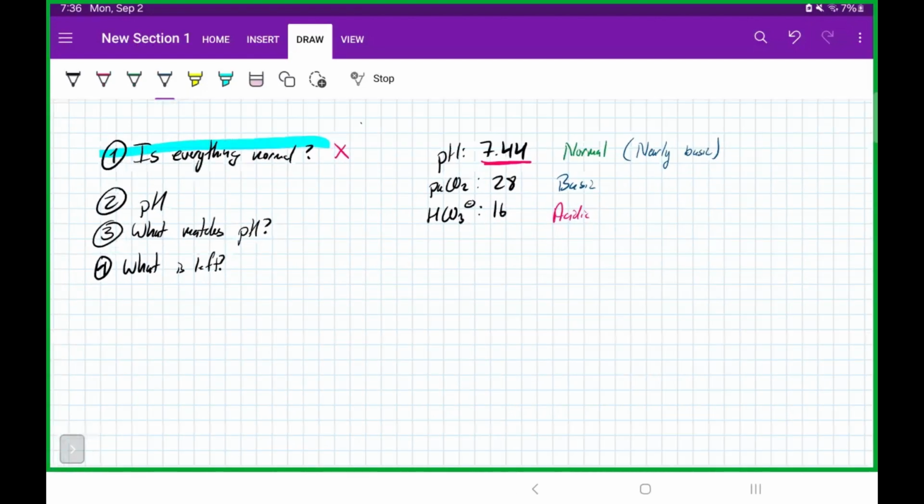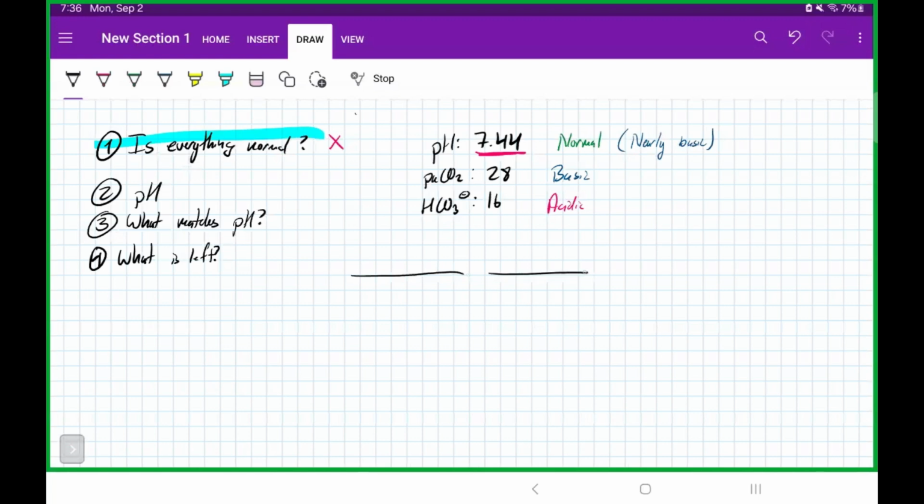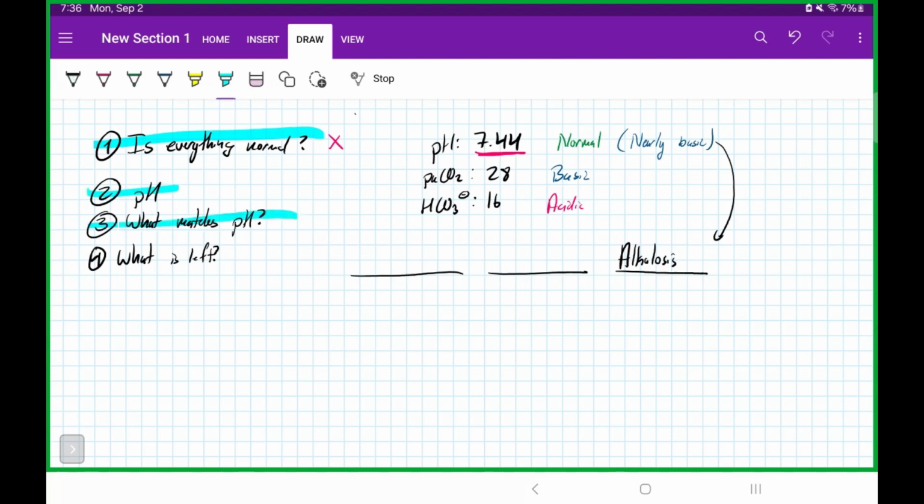Now, once again, everything flows quite quickly. Our disorder comes from pH. This is alkalosis because our pH is nearly basic. Our system is whatever matches that. So we did that. What matches the pH? Once again, here, it's the respiratory system. This is basic.